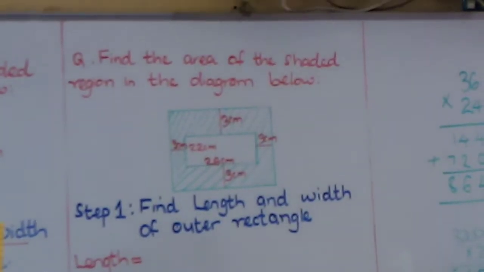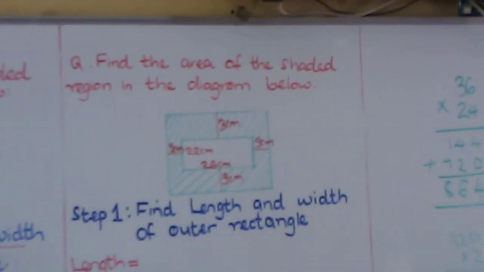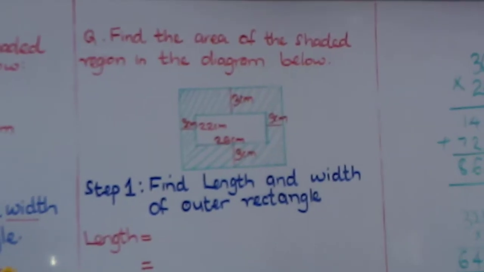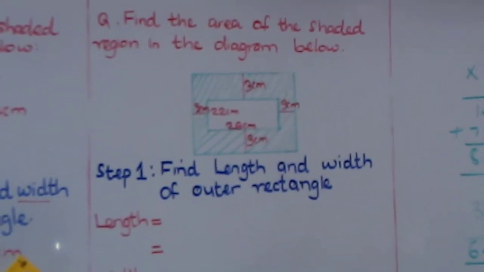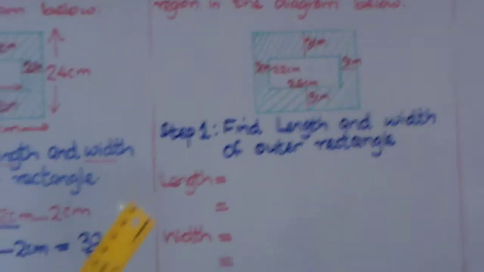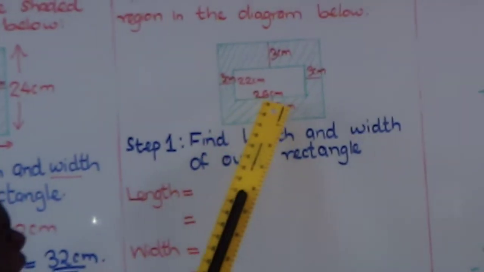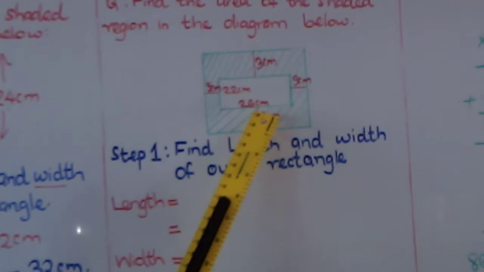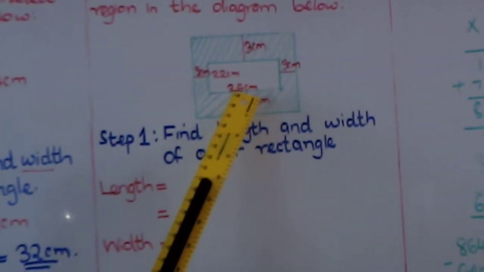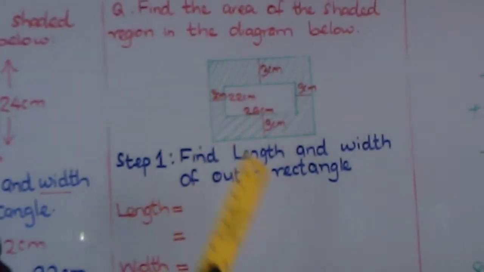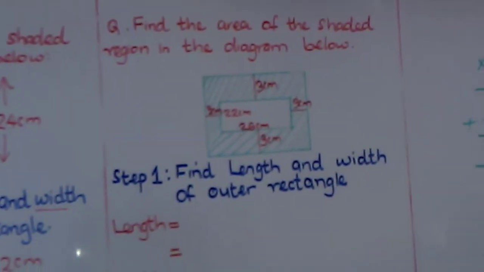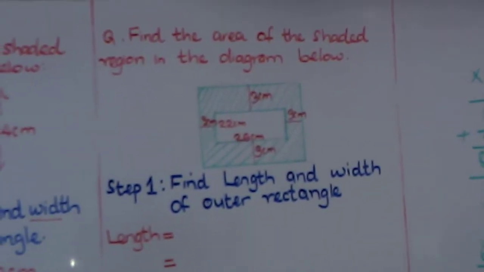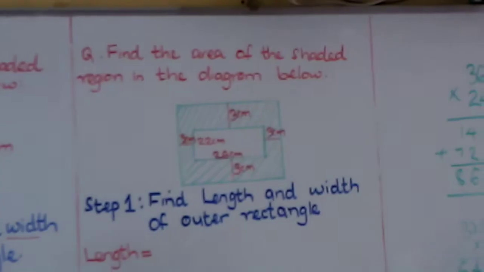Charles, can you tell us the length and the width of the inner rectangle? Correct? The length of the inner rectangle is 26 centimeters. The width is 22 centimeters. Very, very good.